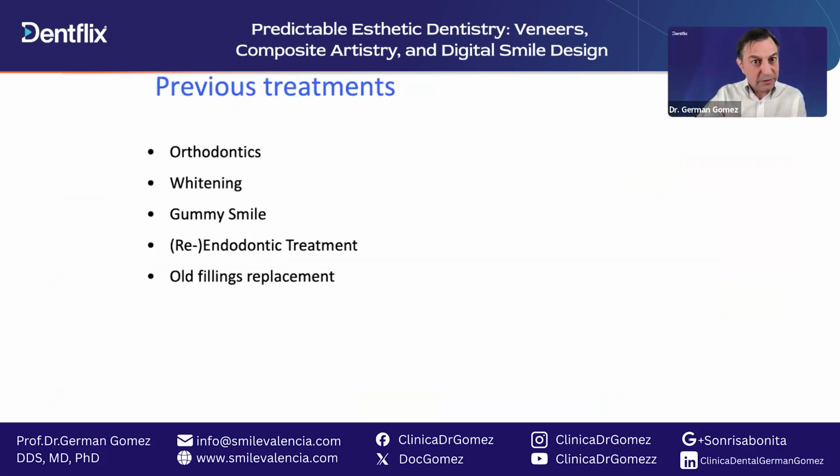We do orthodontics, because if the teeth are really all over the place, it makes much more sense to put them into the correct position and then make the smile design out of that position. We whiten, we eliminate the gummy smile, we do endodontic or re-endodontic treatments, we replace old fillings. Once all that is done, we start our analysis and our design.